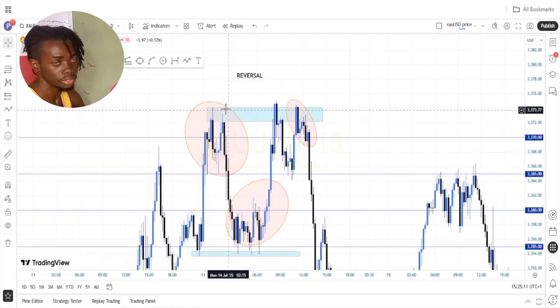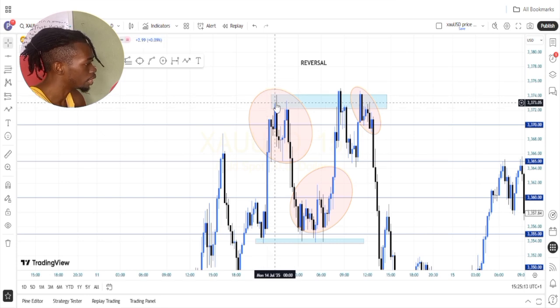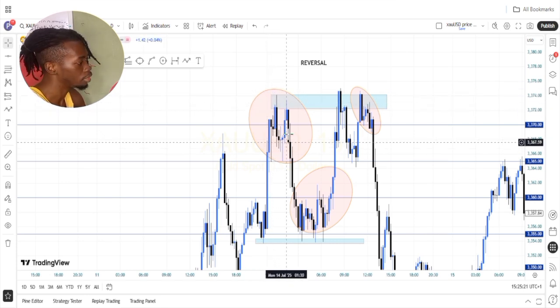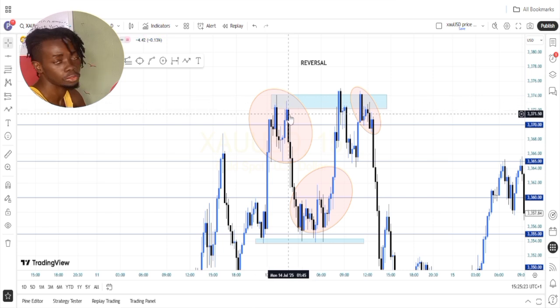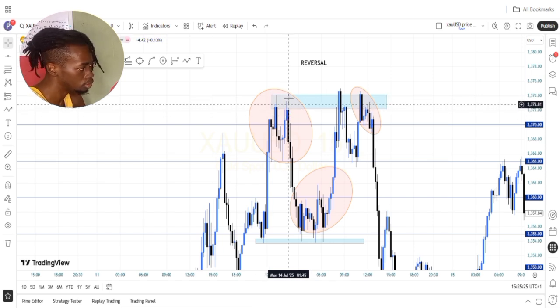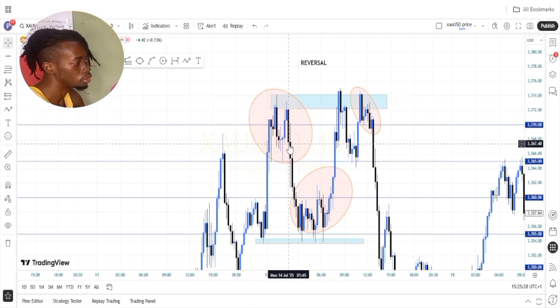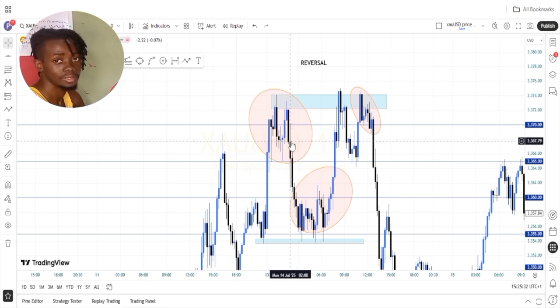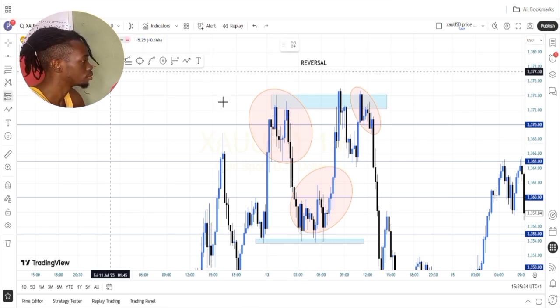Now for reversals, here we have a resistance being formed. We have the first head, then we have the second head. Price comes back into that zone, taps your zone, and what does it do? Boom, a break of the psychological level.